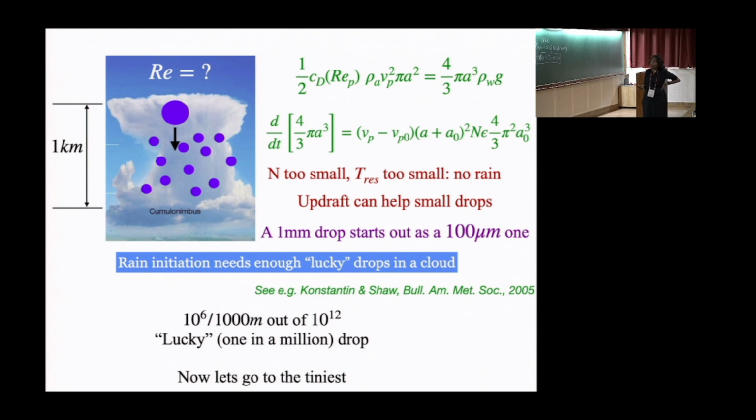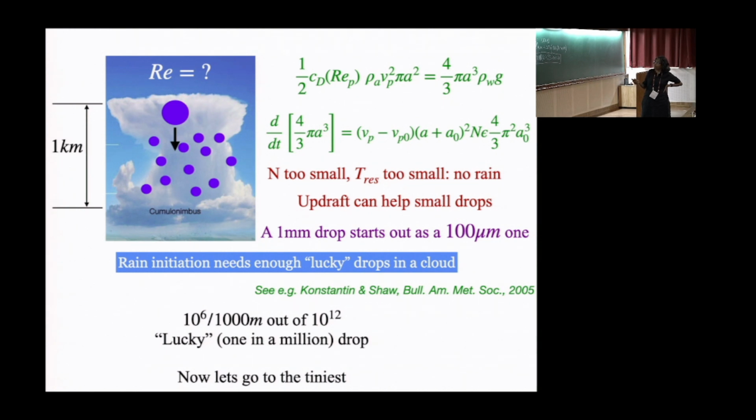Okay, so now we're asking, for every droplet that became 1 millimeter, what was that droplet's history? So we know that as big droplets fall, we can do this calculation of a big droplet falling through smaller droplets. All the smaller droplets are 10 micron, that's a typical size, and this one falls faster.